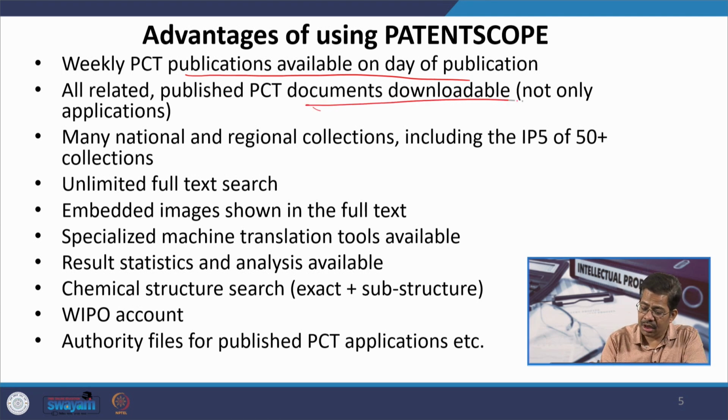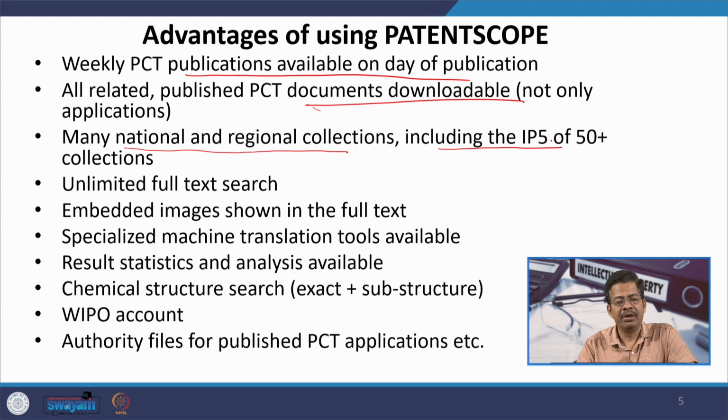Then all related published PCT documents are downloadable, and many national and regional collections, particularly IP5 and 50-plus collections, are available through this PATENTSCOPE. So, not only PCT, but various other national and regional collections are also possible.